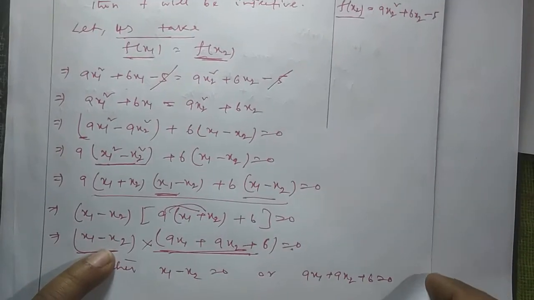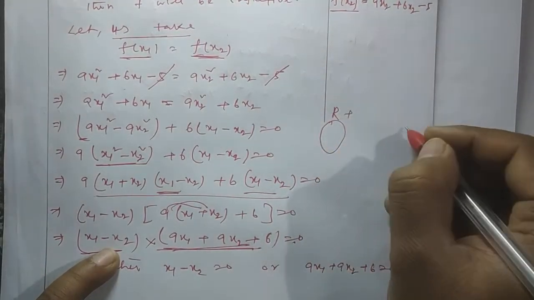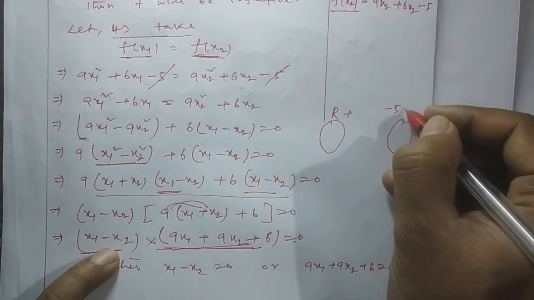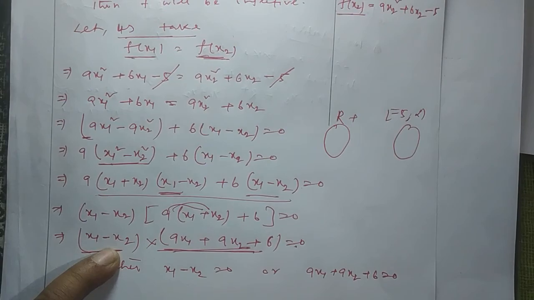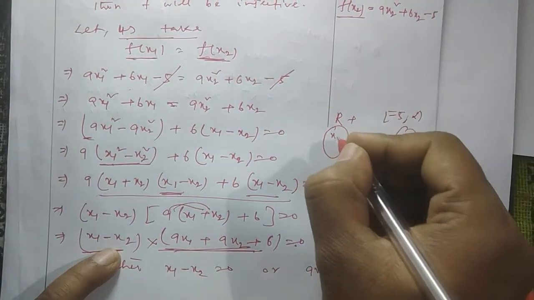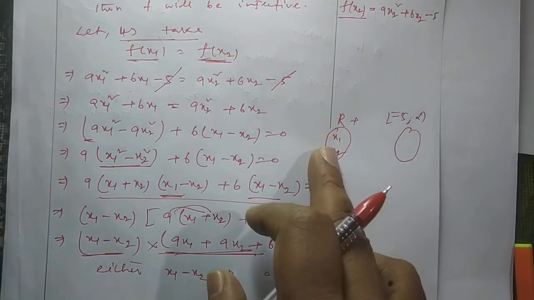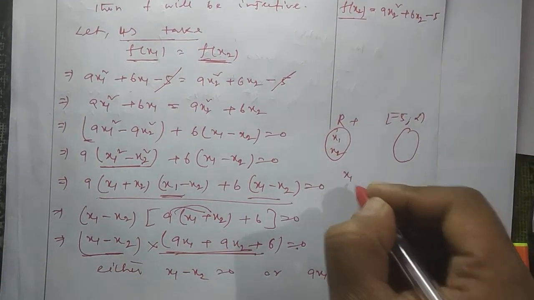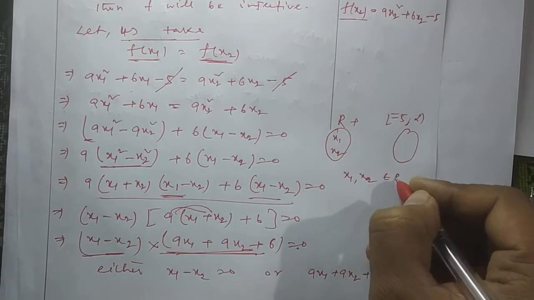Now see, the domain is R plus and the codomain is minus 5 closed, infinity open. Since all the x1 and x2 are coming from where? They are coming from positive real numbers, so we can say x1, x2 belong to R plus.